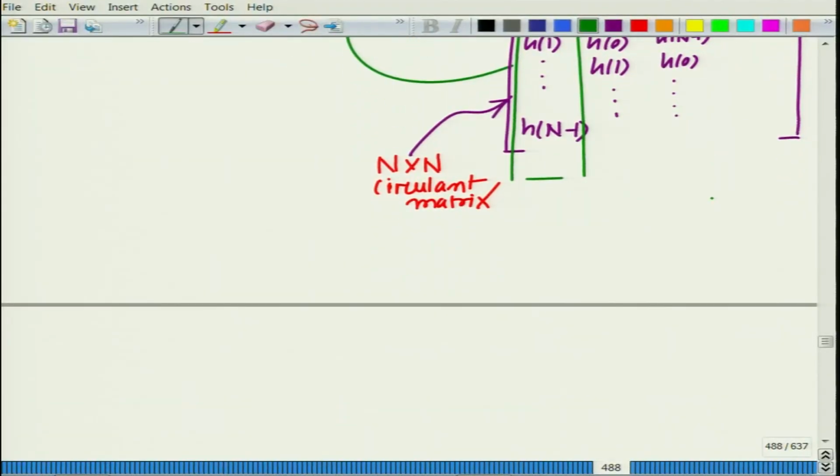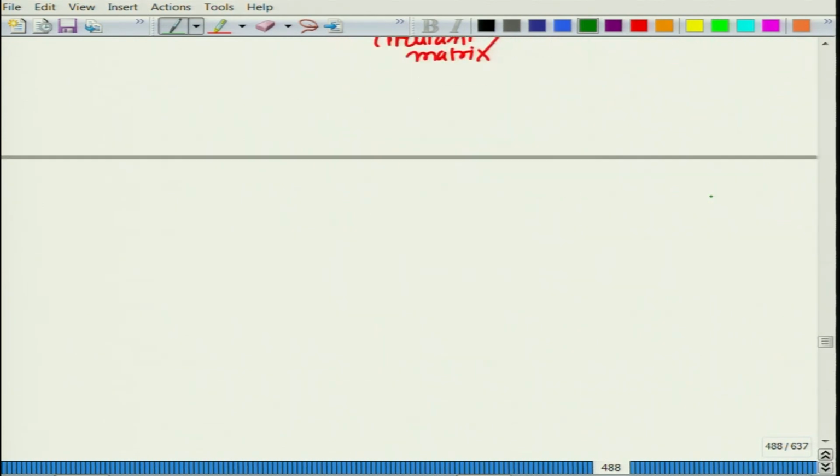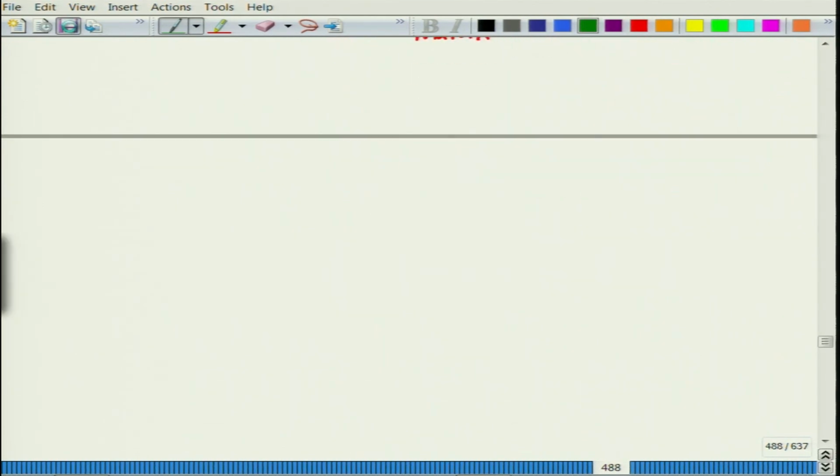And therefore, now we have y bar equal to Hc times x bar, where Hc is a circulant matrix.